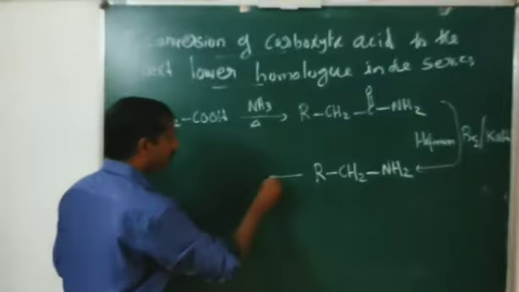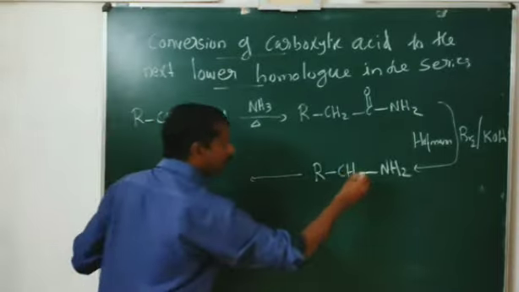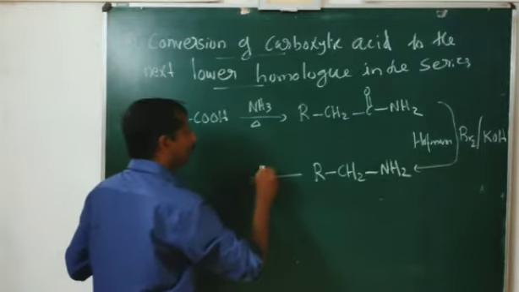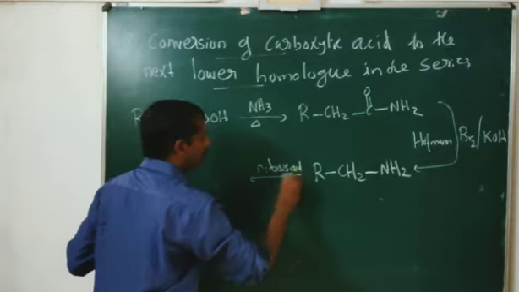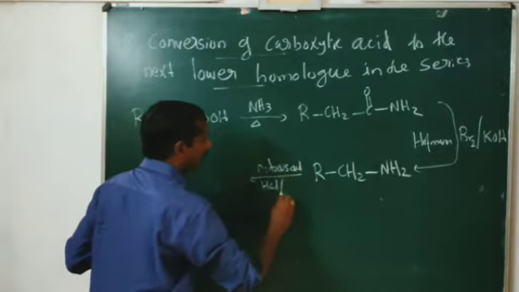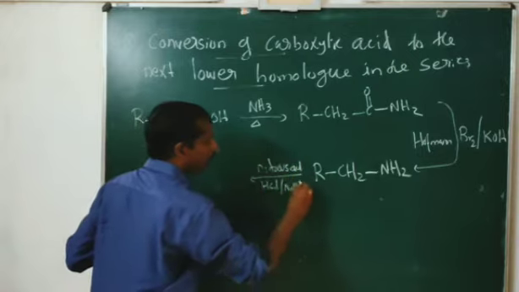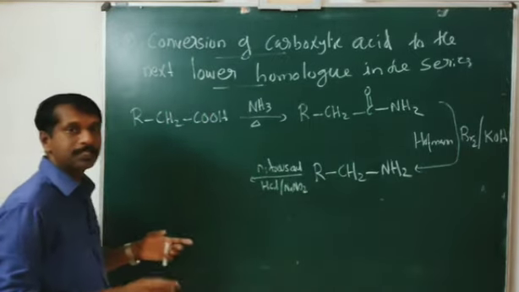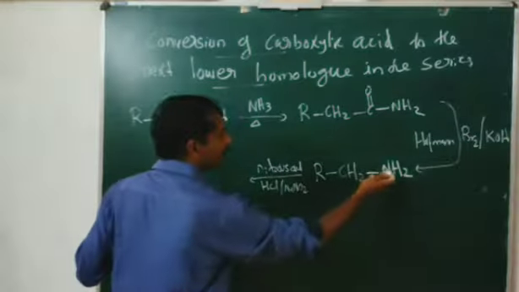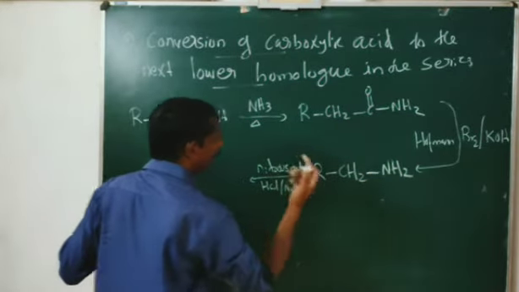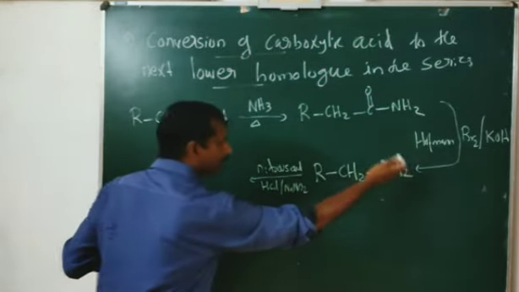Now in the next step, this amine is treated with nitrous acid, that means HCl and sodium nitrite NaNO2. This also you have studied. Nitrous acid, what do we get? We get diazonium salt. When NH2 group is treated with nitrous acid, we get N2Cl.